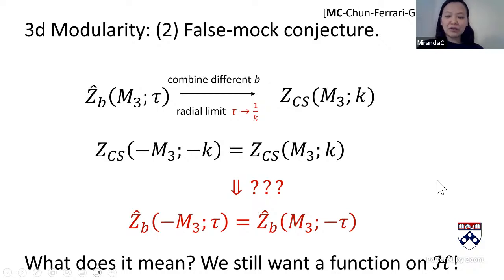But you get a very weird, puzzling conclusion when you combine these two facts. Namely, that you should flip from tau to minus tau when you flip the orientation. But in general, I don't know what it means, right? Because we still want the function living on the upper half plane.